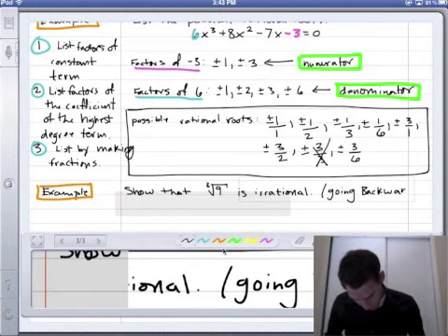This is key. The point of this was to get a polynomial equation.